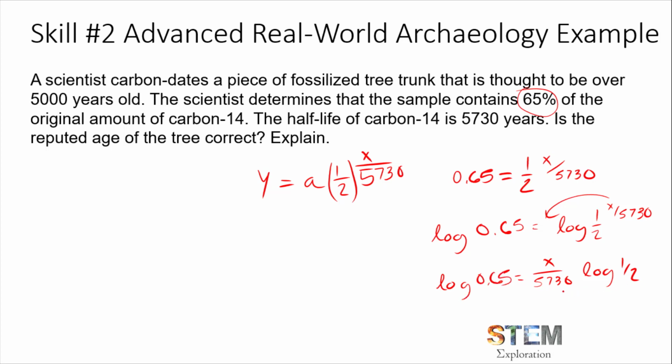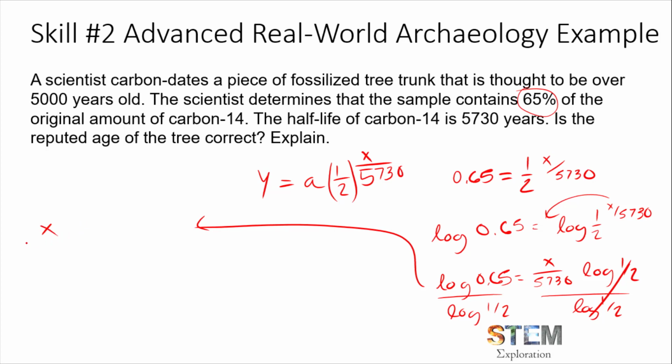And then if you divide both sides by log of 1/2, or 0.5, those would cancel. And then we could say x all over 5730 is equal to log of 0.65 divided by log of 1/2, or 0.5.